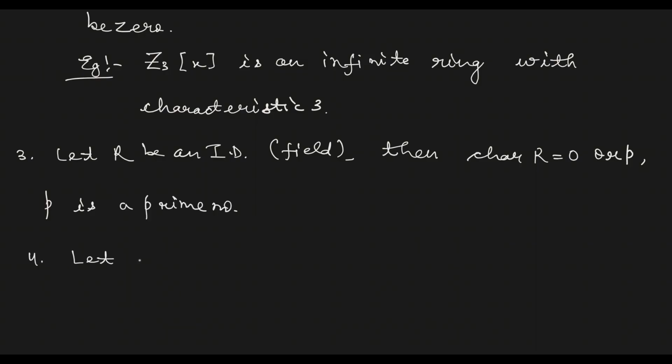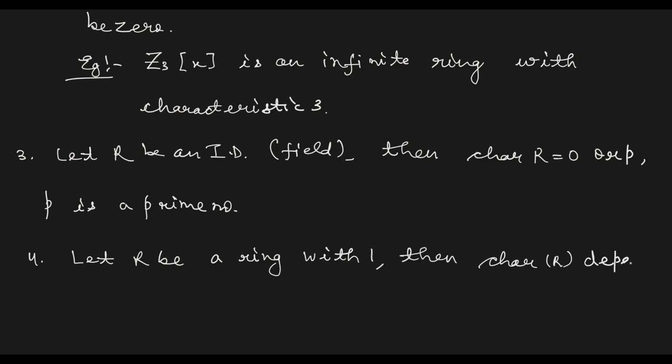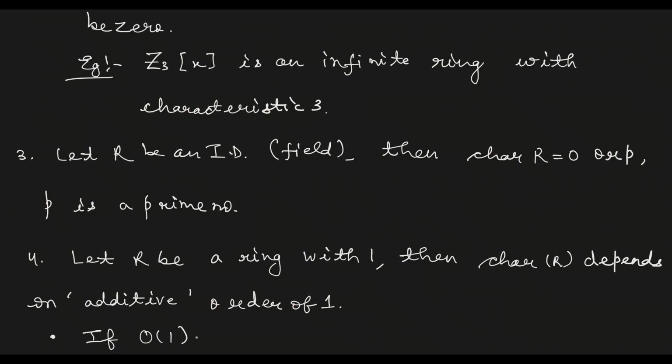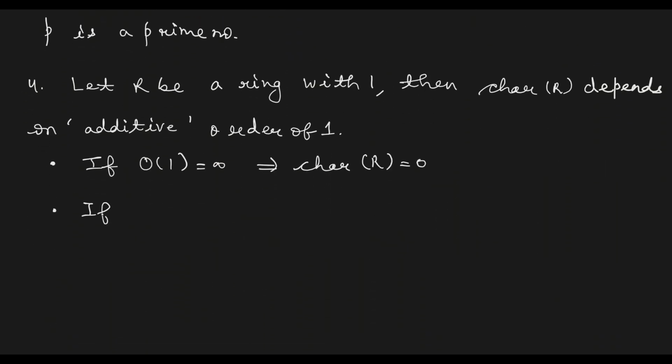Fourth, let R be a ring with unity, then characteristic of ring R depends on the additive order of unity. If the order of unity is infinite, then characteristic of ring R is 0. If the order of unity is finite, then characteristic of ring R is n.